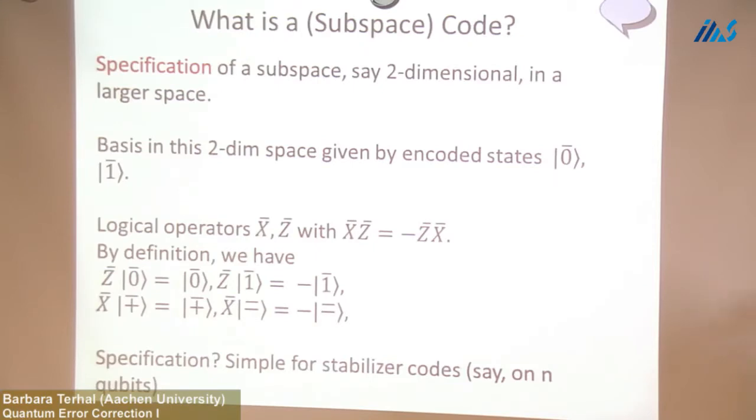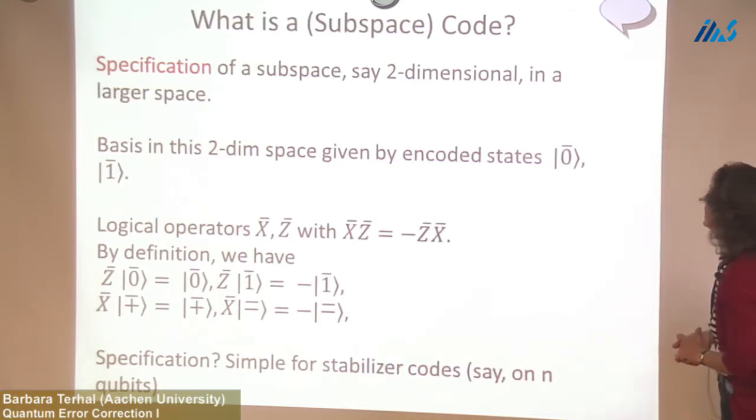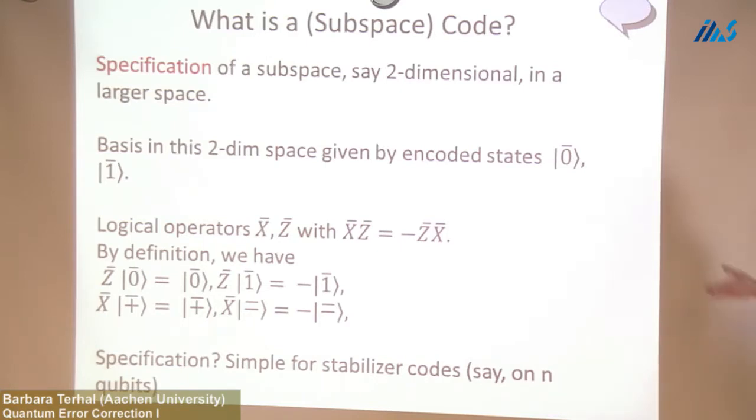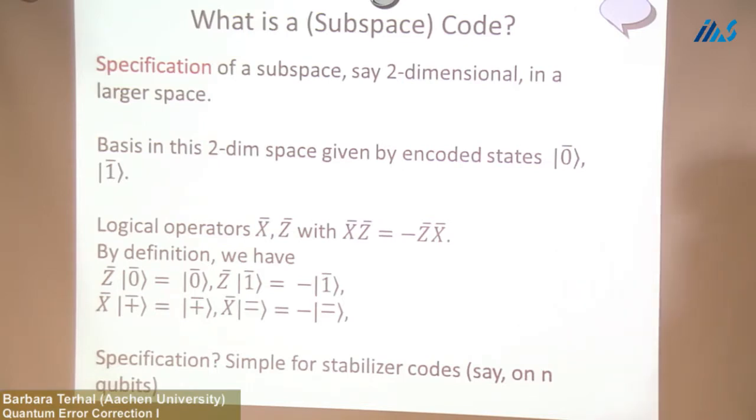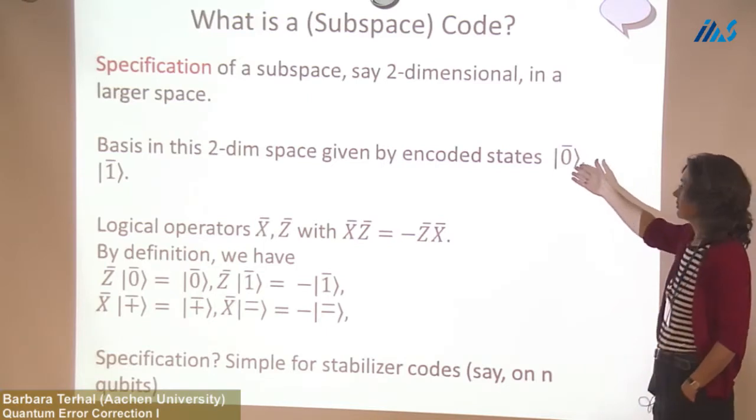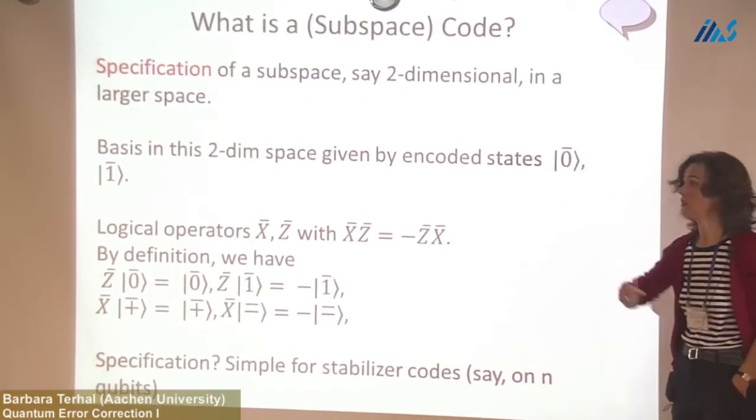So what is a code is the most basic question. Simply, it's a specification of a subspace in some larger Hilbert space of many qubits. And just for some notation that we like to use in quantum error correction: if we specify such a subspace, let's say it's a two-dimensional subspace, we want to discuss certain orthogonal states, the basis in this space, say spanned by two vectors, which I call a logical 0 and logical 1, two orthogonal vectors.